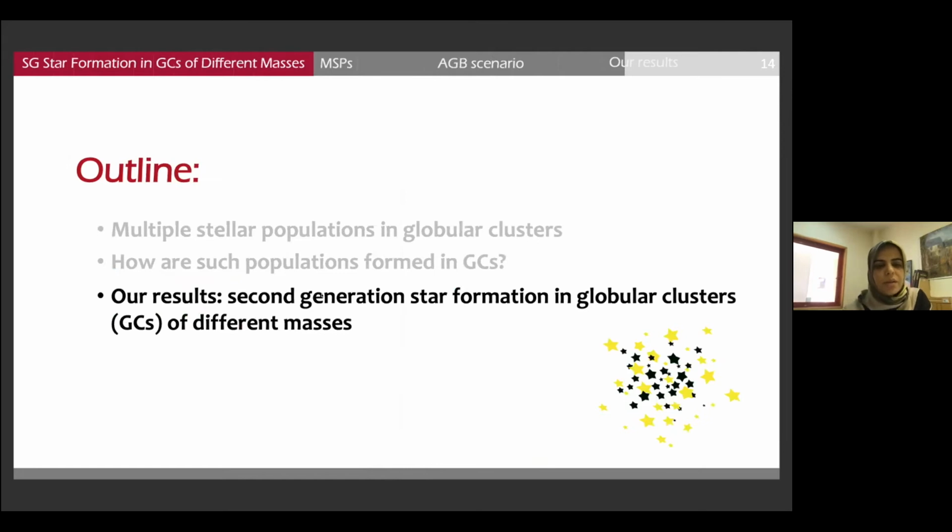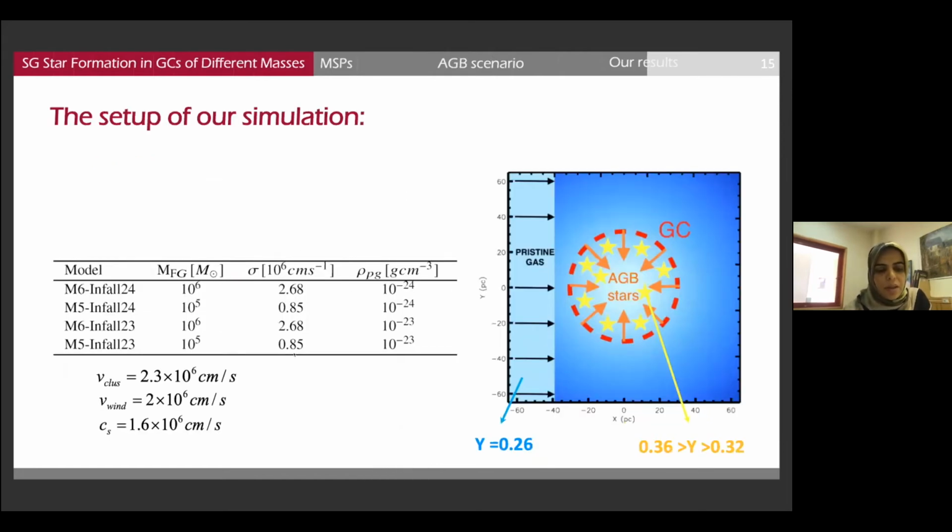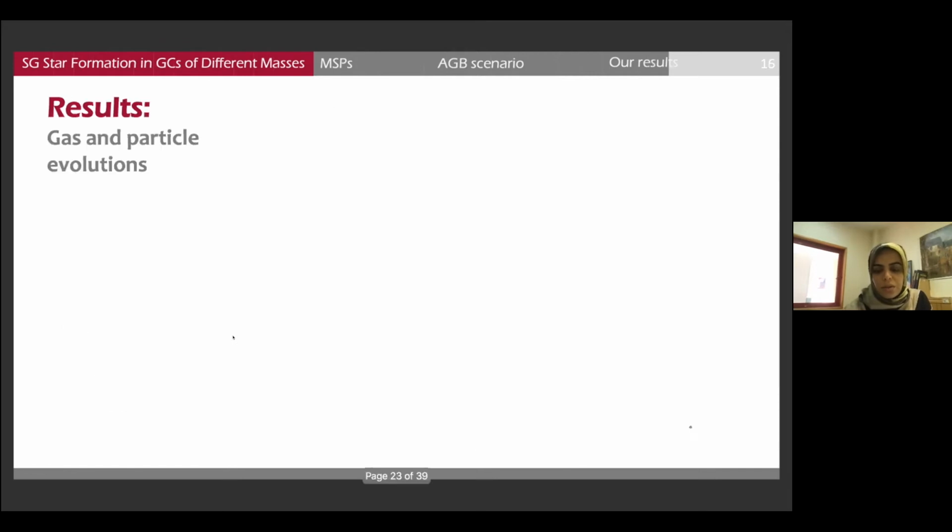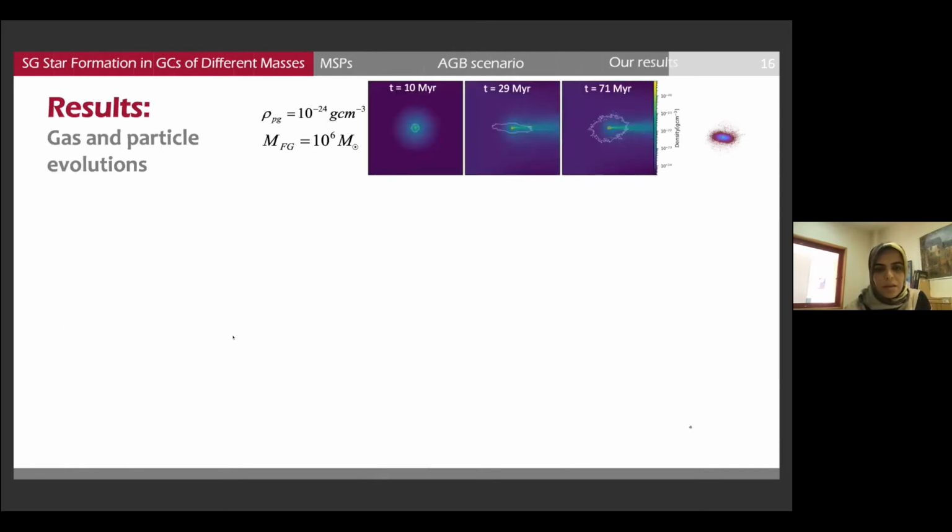We start with the same setup as their paper, and consider cluster masses of 10 to the 6 and 10 to the 5 solar masses with these different ISM densities. From analytic estimates, we expect that only the massive cluster of 10 to the 6 solar masses can form a massive second generation. Our result confirmed this prediction.